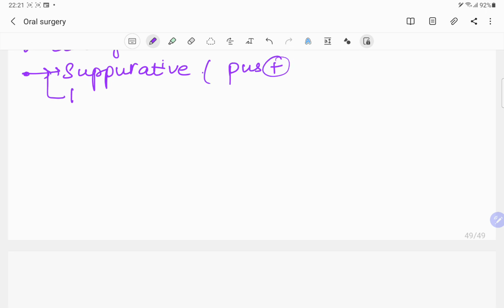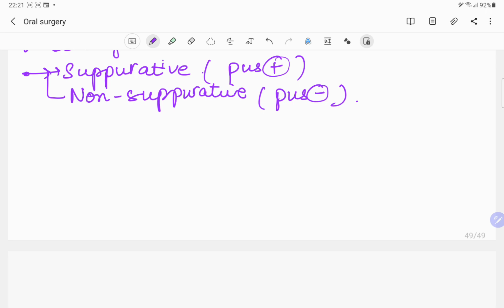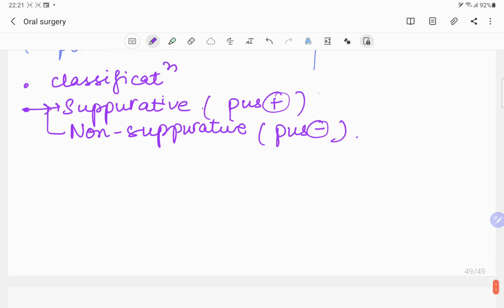Non-suppurative means instead of pus there is decreased medullary space and there is more new bone formation. So we don't see any pus in case of non-suppurative. In the suppurative you will also find the fistulas, sequestrum. Sequestrum is basically a dead bone.